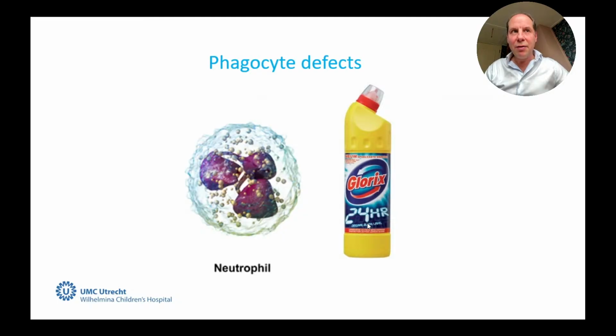We all know if we want to clean a place from germs, from bacteria, bleach is very effective. Hydrochloric acid, chlorine. And that's exactly what's in the inside of these cells. So if a neutrophil, a phagocyte, eats a bacterium in its interior, in its stomach, the bacteria is killed by bleach.